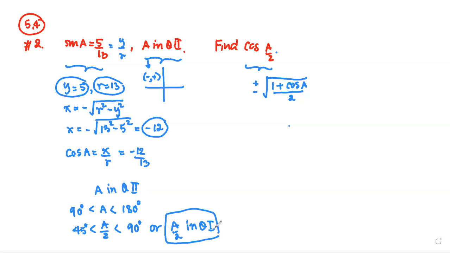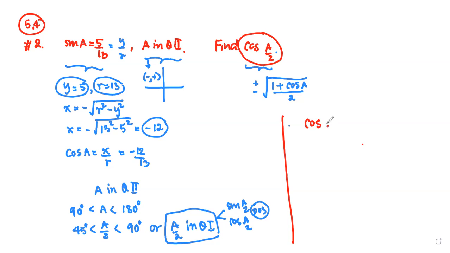If A over 2 is in the first quadrant, the sine of A over 2 and cosine of A over 2 will both be positive. That's the analyzing part.